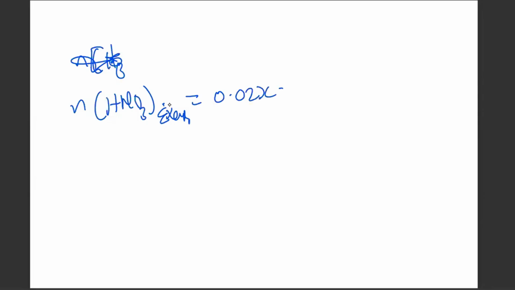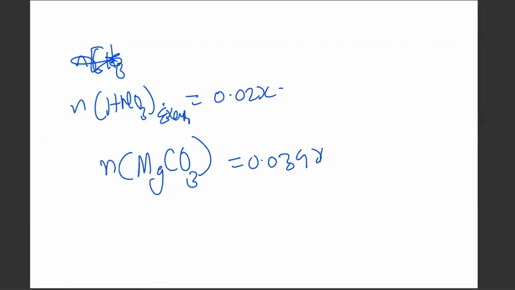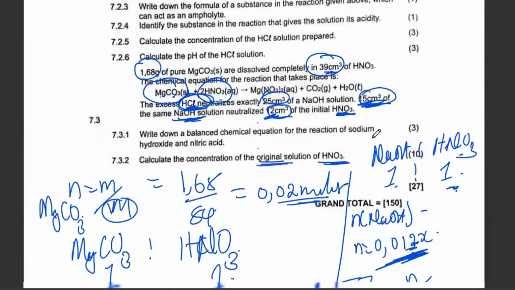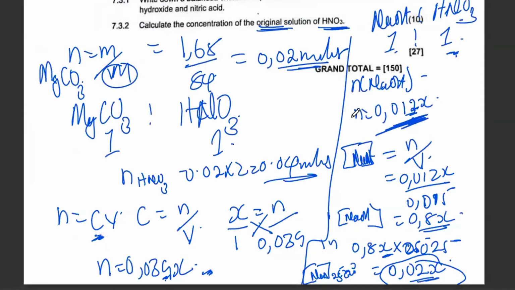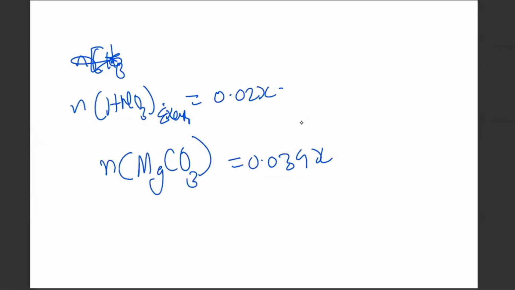Now that I know the number of moles of nitric acid in excess, I can calculate the rest. The number of moles of nitric acid which reacted with the magnesium carbonate is equal to 0.039x, which we calculated at the beginning, minus 0.02x.